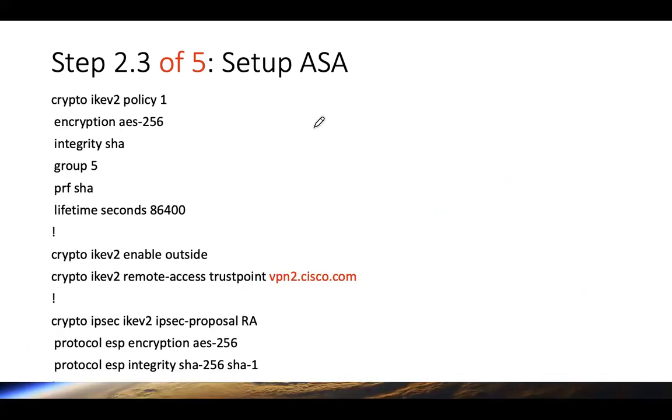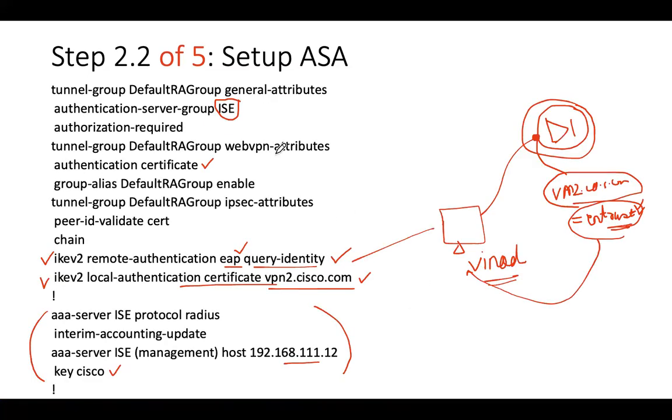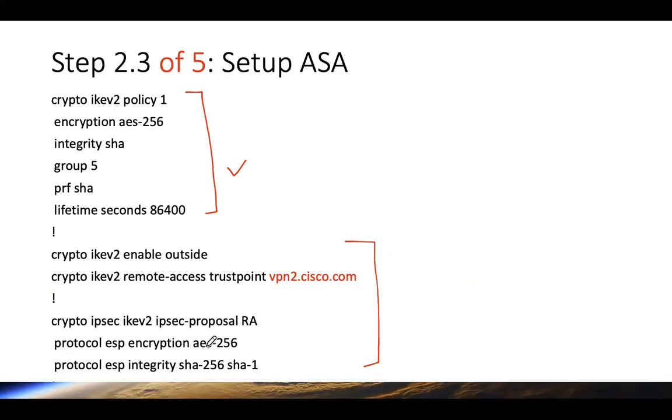And finally, it's IKEv2, right? So how to set up IKEv2? I used this set of configuration to set up IKEv2 on our ASA. This is the policy. It's pretty simple. So I'm not spending so much time explaining how tunnel groups or AAA configuration is done on ASA, because I believe it's something you must already know, and because it's already on the internet how to set up IKEv2 and how to configure it over the ASAs.